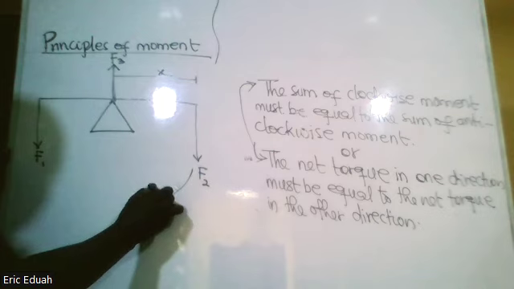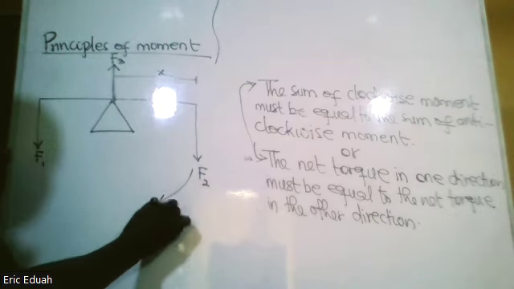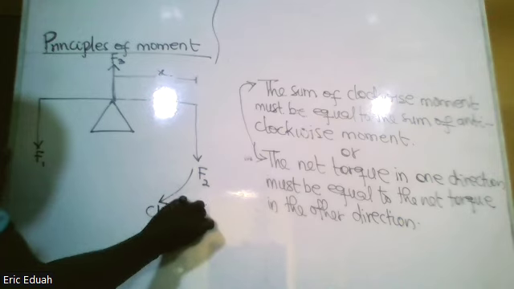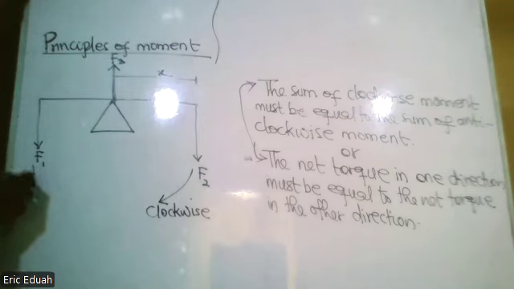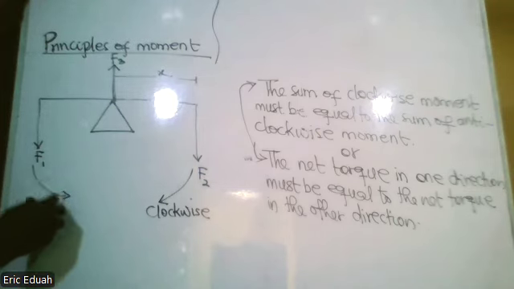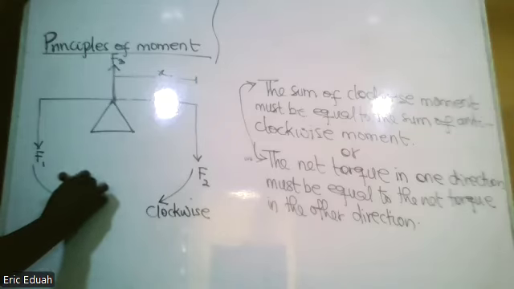F2 turns in this direction. This is clockwise. F1 will turn in this direction. This is anti or counterclockwise.